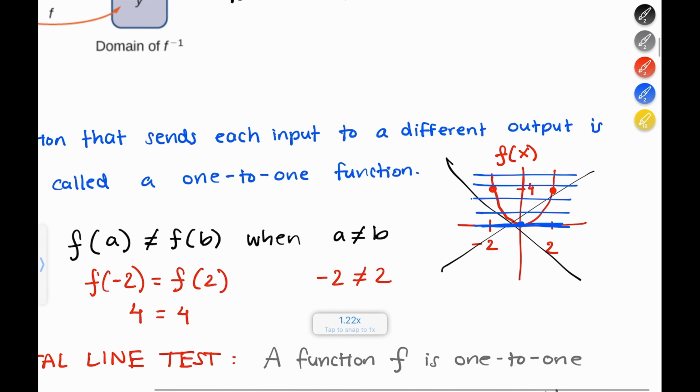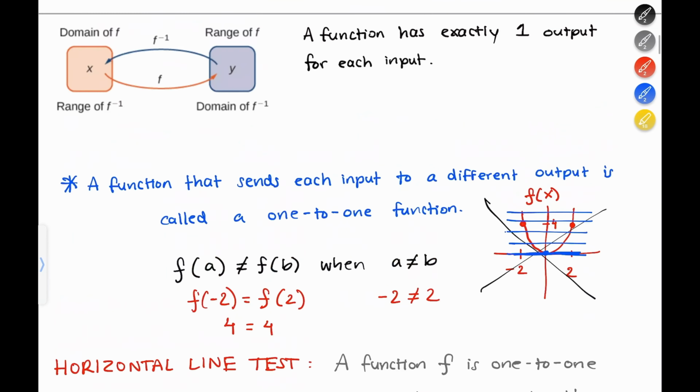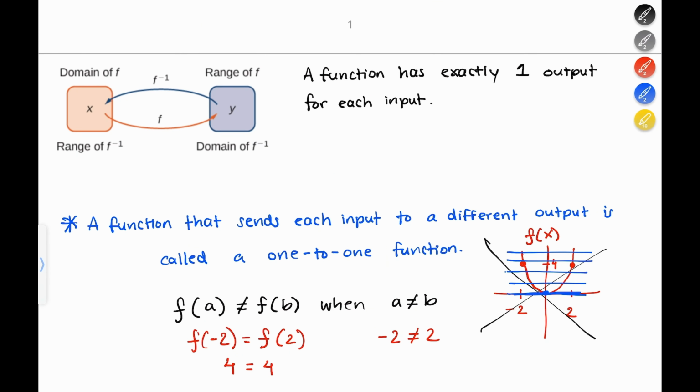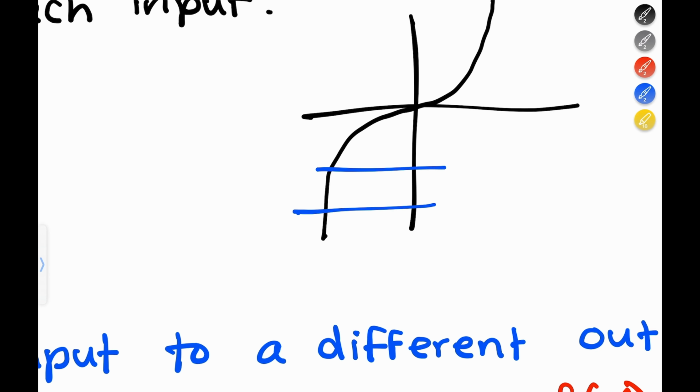So that's why this is not a one-to-one function. And something like a cubic function would work because every single time it only intersects one point.